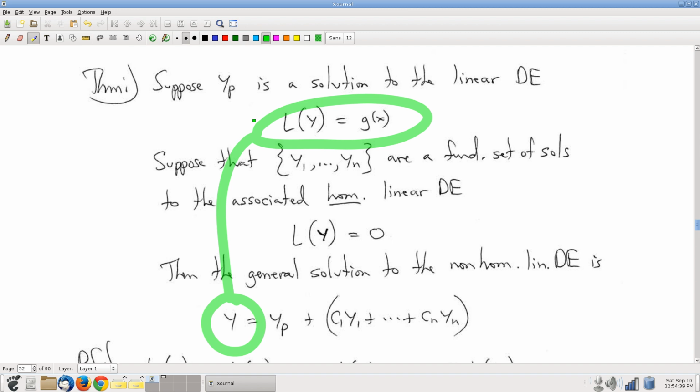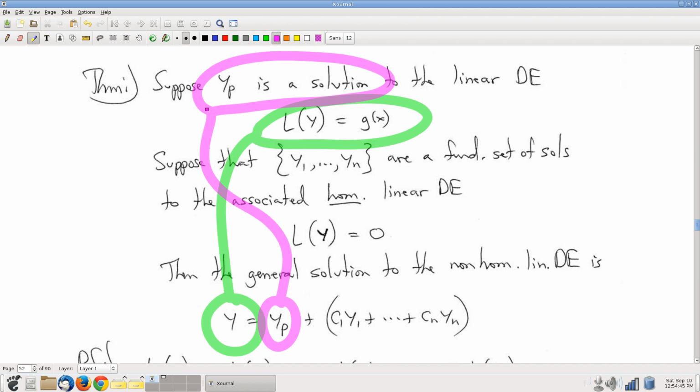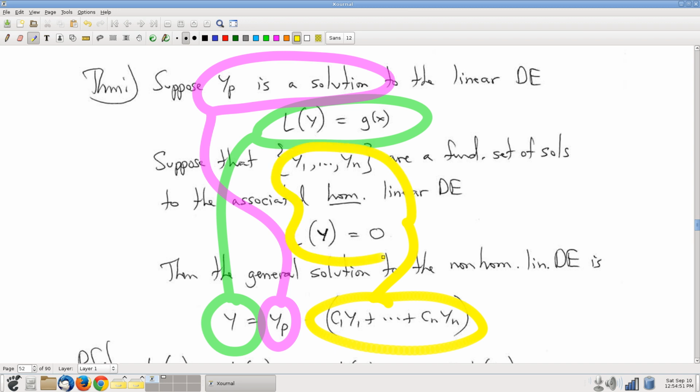All of these solutions take the form of whatever that particular solution was that you picked, plus the complete collection of all homogeneous solutions. So keep in mind we had a fundamental set of solutions, and all of the homogeneous solutions are linear combinations of that fundamental set.